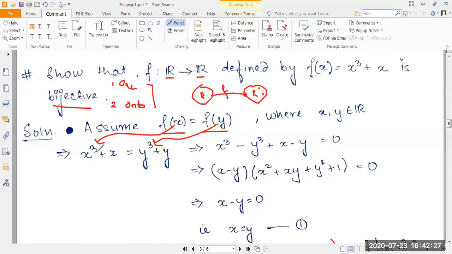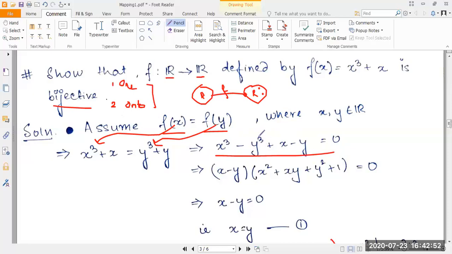So instead of x cube plus x equal to y cube plus y, we write x cube minus y cube plus x minus y equal to 0, based on the assumption that we are taking two same children.